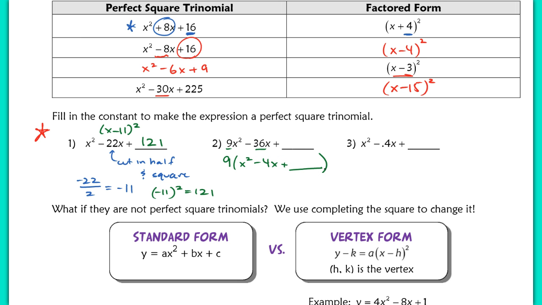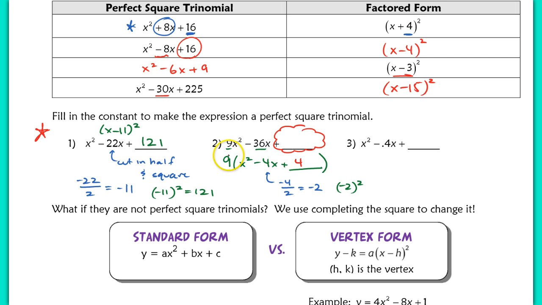Okay, now it's a lot easier for me to find this constant, because again I just cut this number in half. So I take negative 4 divided by 2 and I get negative 2. Now I'm going to take negative 2 and I'm going to square that to get a positive 4. Okay, now the original number though that's going to go inside this is not a positive 4.